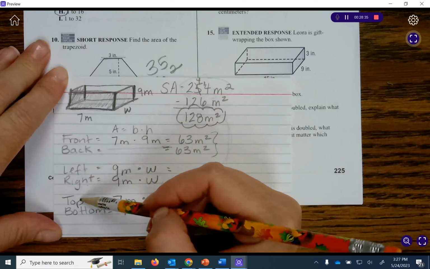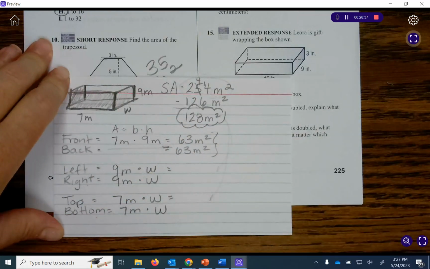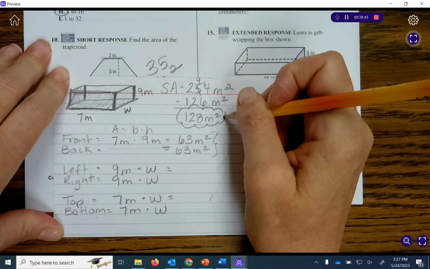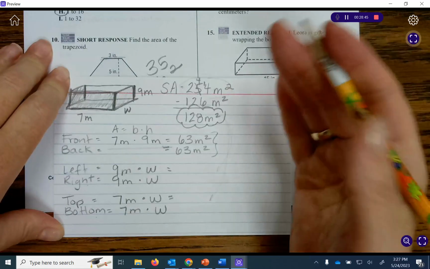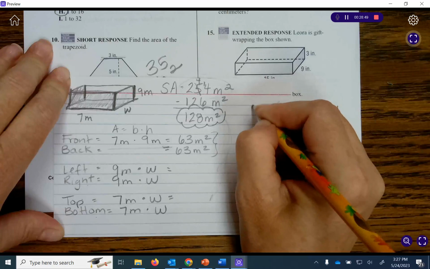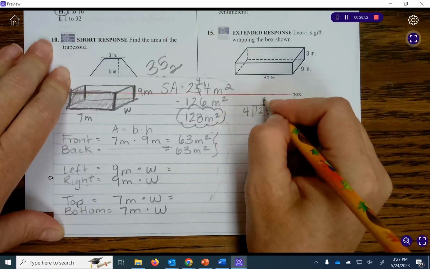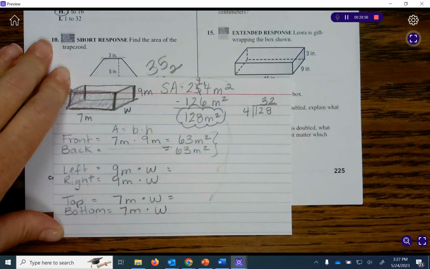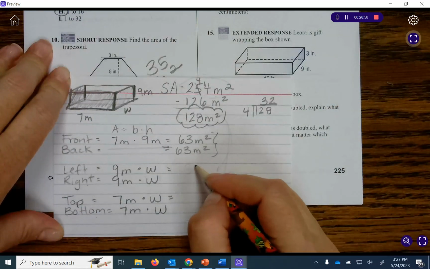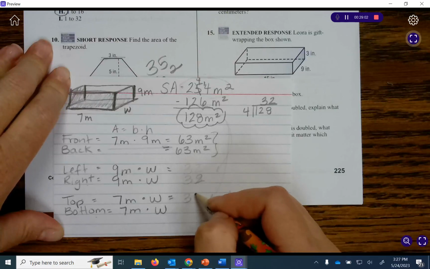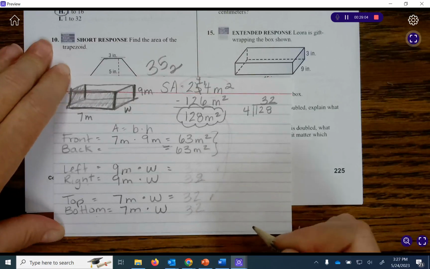There are 4 faces left. So approximately, what would the area have to be of each side? Let's say that they were all the same. We would do 128 divided by 4, which is 32. So approximately, this should be about 32, about 32, about 32, and about 32.